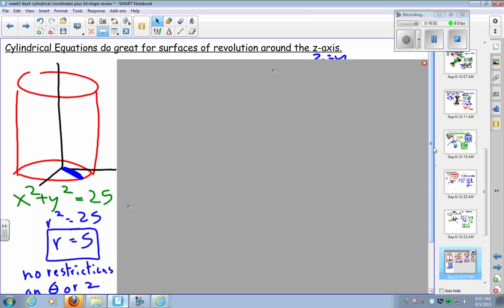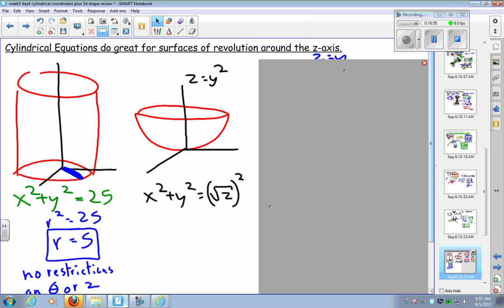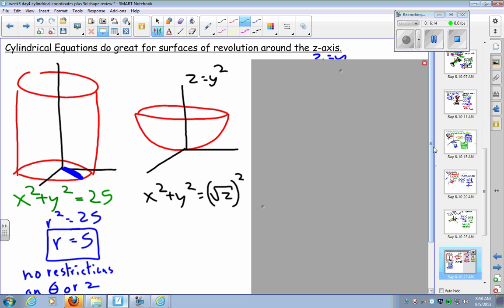Let's take a look at another one. Here is a bowl, okay? It's that elliptical paraboloid. And what I'm telling you is z equals y squared is my trace. And then I start revolving it around the z-axis, and that makes my circles. The circles are all about x's and y's because you smash it down onto that ground. So x squared plus y squared has to be some sort of radius in terms of z.